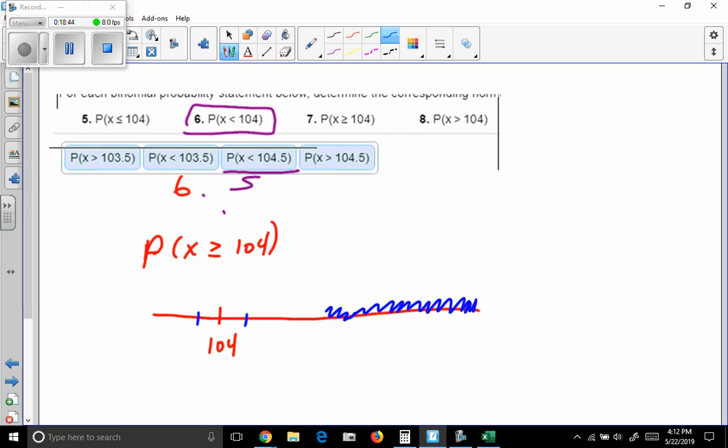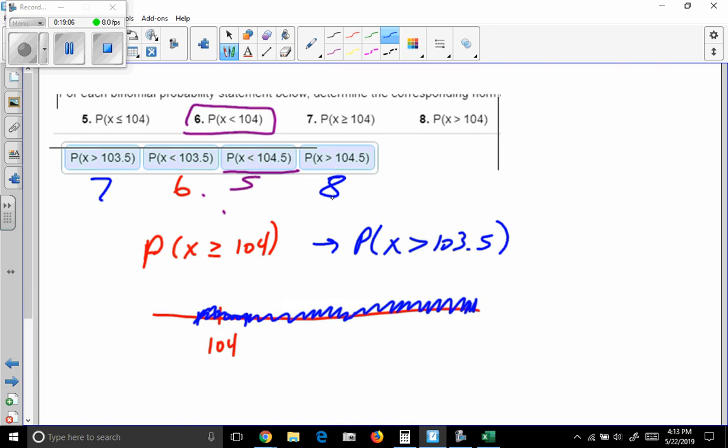And this time we want to include 104, so we want to go to here. So that would correspond to the probability that x is greater than, if we go a half unit to the left, that would be 103.5. So x is bigger than 103.5, that's 7, so that would have to be 8.